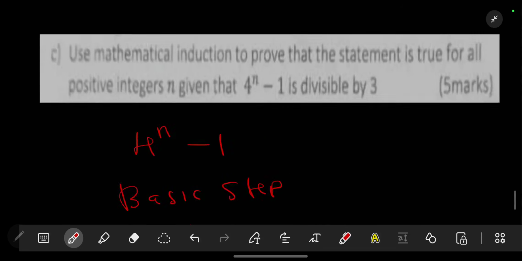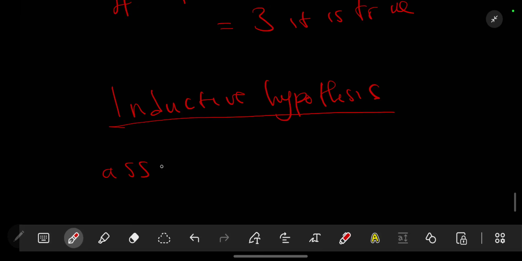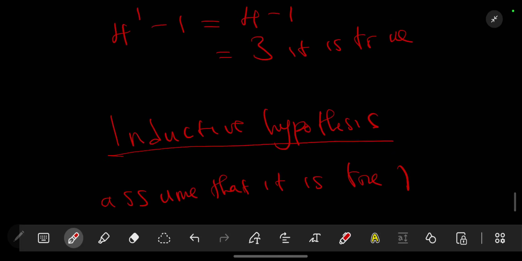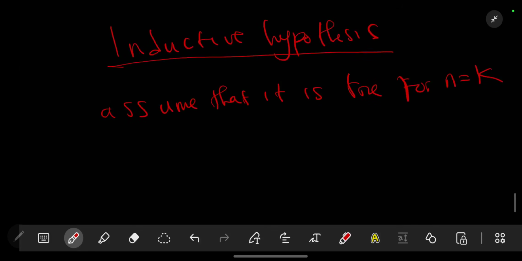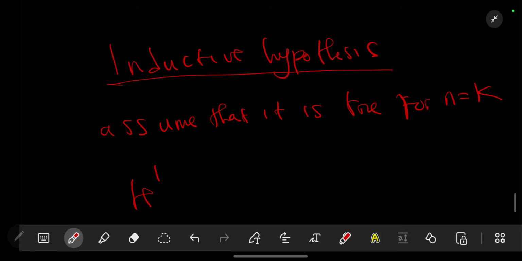Then the inductive step, you are going to assume that it is true for n is equal to k. This gives us n is equal to k, so we have 4 to the power k minus 1.